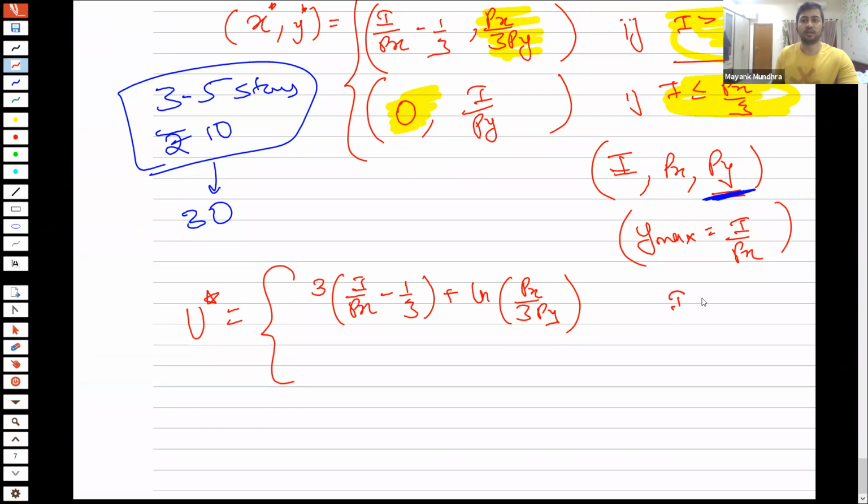This is when income is greater than Px by 3. And it will be equal to ln of I by Py, basically, the first term is 0, right? So this becomes 3 times 0 plus ln of I by Py for I less than or equal to Px by 3. So this is the complete characterization of your indirect utility function.